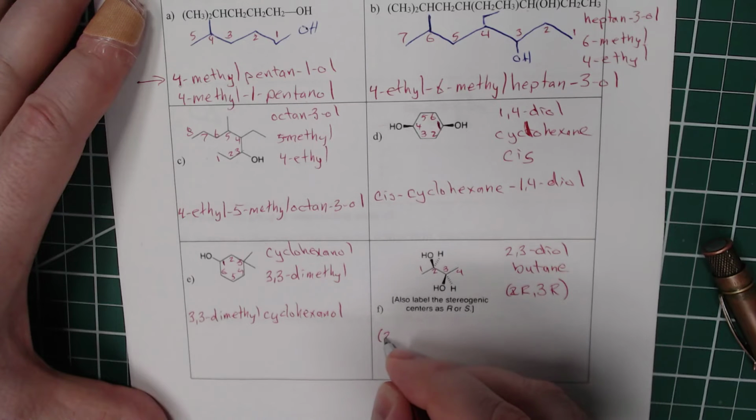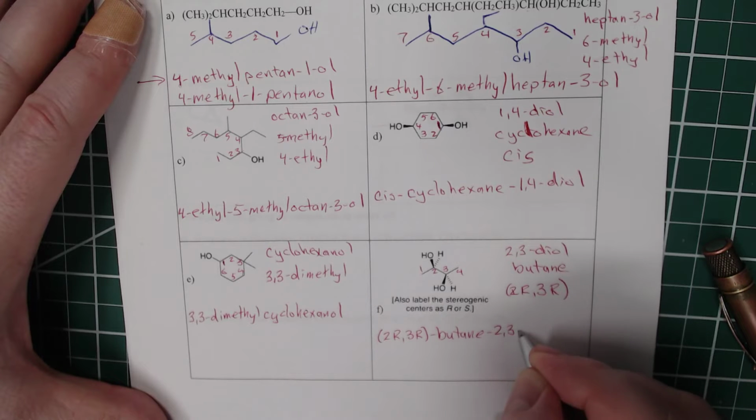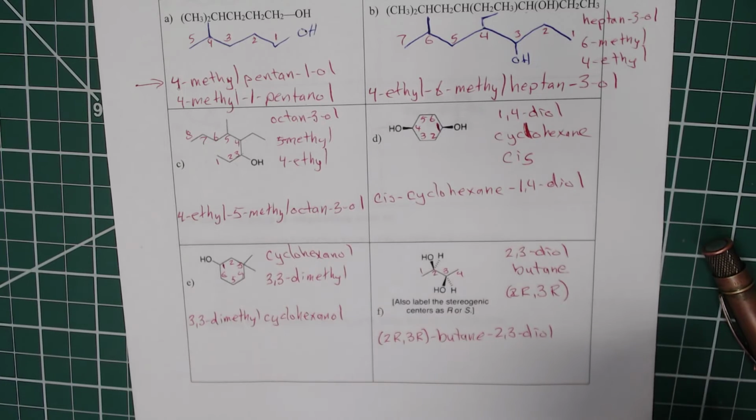So we will get (2R,3R)-butane-2,3-diol. All right, and that is the nomenclature for the alcohols.